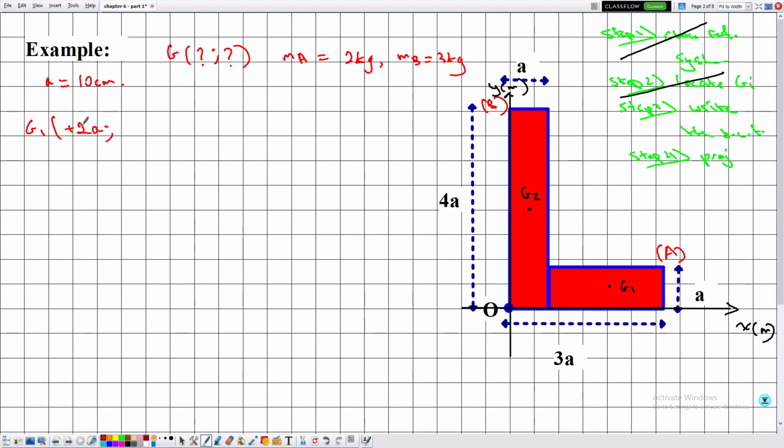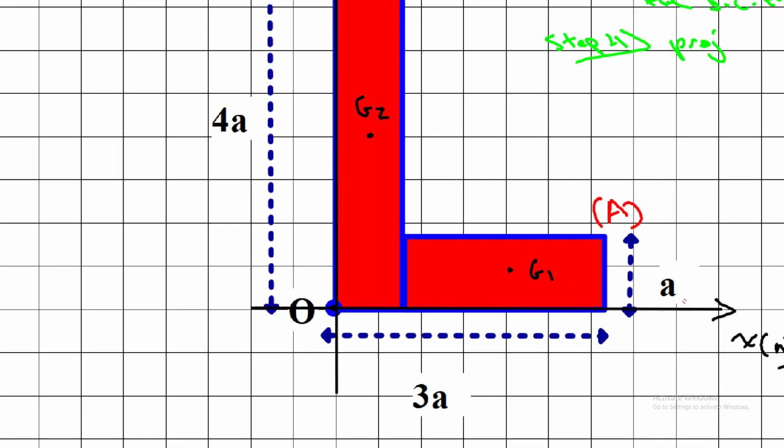Now we will keep everything in terms of A, then in the final result we replace the value of A. As for Y, so if this is A, then the location of G1 is given by A divided by 2.